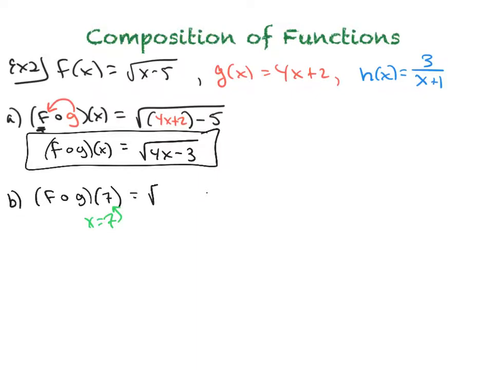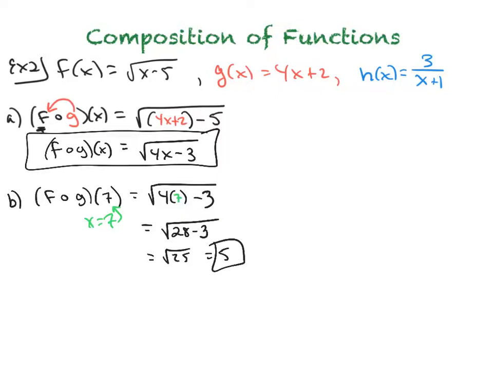So in this case, it would be the square root of 4 times 7 minus 3, which is, oh, this works out nicely. The square root of 28 minus 3 is 25. And we get 5. So if you see a composition f of g of a number, that simply means to plug in, when you're done composing, whatever that number is for your x value.